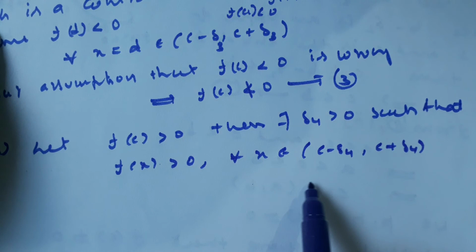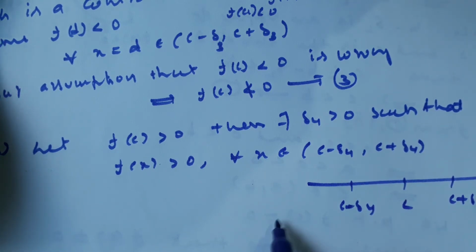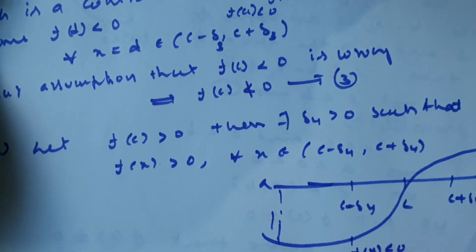So this is delta 3 and this is again C minus delta 4 and this is C plus delta 4. This is C. Whatever the x value is here, this is a and this is b. In this interval the function goes like this. f of a is less than 0 because f of x is less than 0, and here f of b is greater than 0, since f of x is also greater than 0. This is the point C.